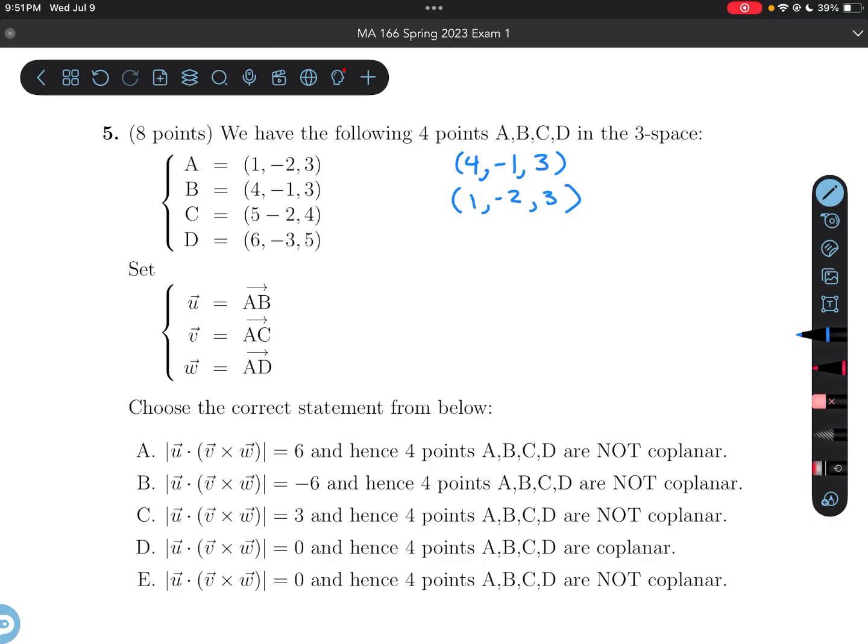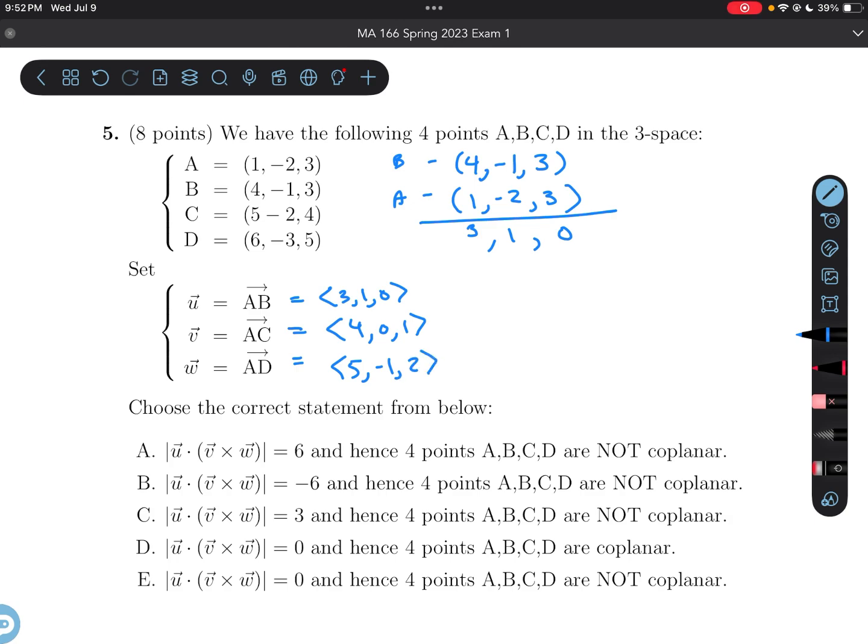So this is B and this is A. And if I subtract, I get 0, negative 1 minus negative 2 is 1, and then 4 minus 1 is 3. So that means that U is equal to 3, 1, 0. I can do essentially the same thing for the other two vectors. I get 4, 0, 1, and 5, negative 1, 2.